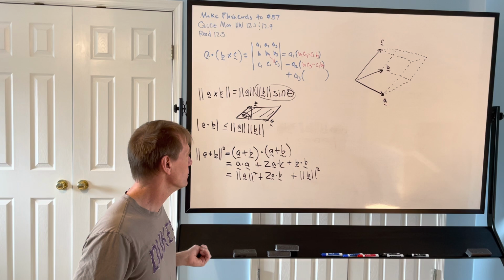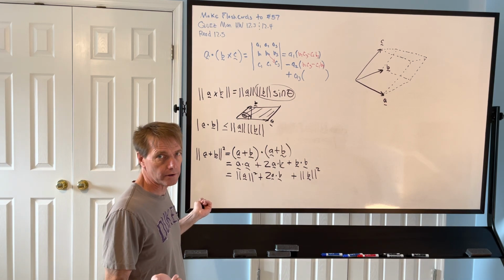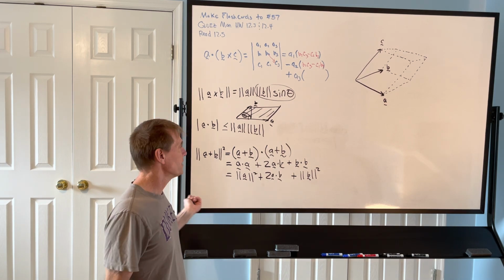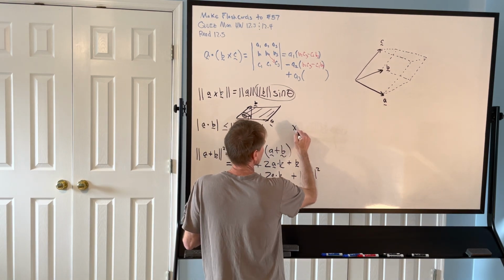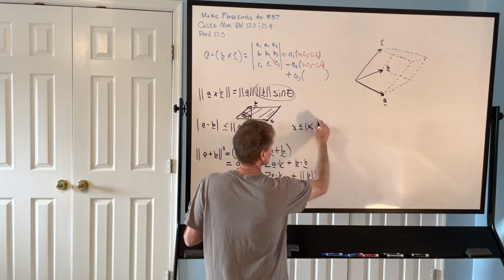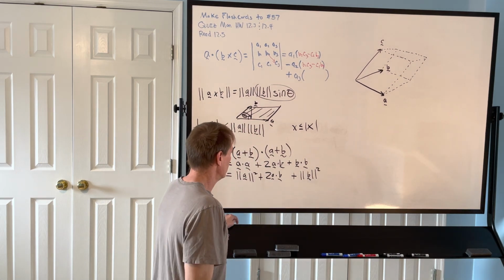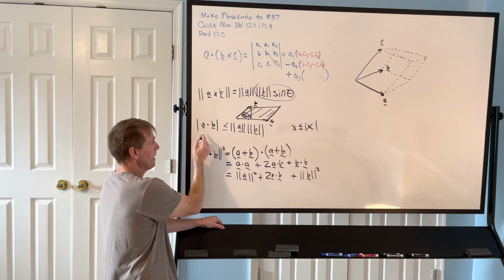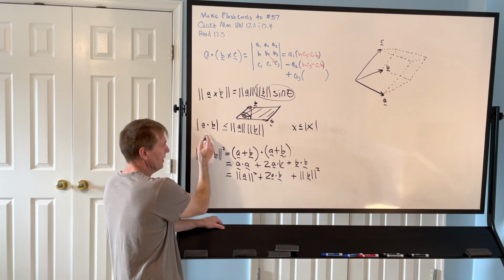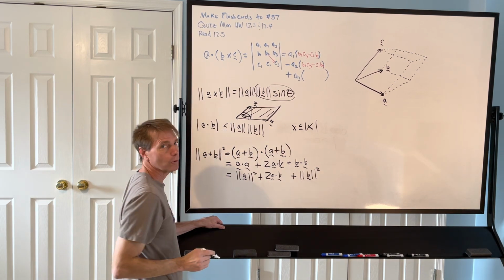So the absolute value is always bigger or equal to what you're taking the absolute value of. So we have this result that x is always less than or equal to its absolute value. So A dot B is less than or equal to its absolute value, but this is less than or equal to this, okay?